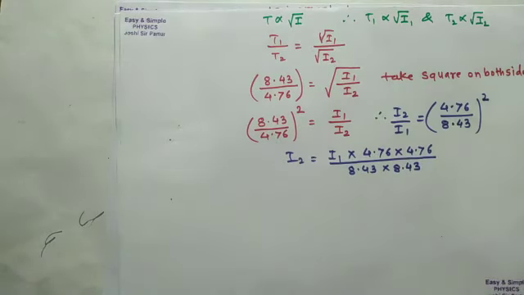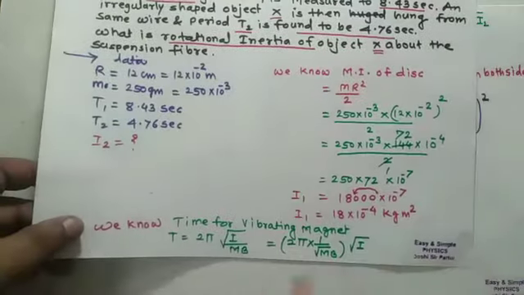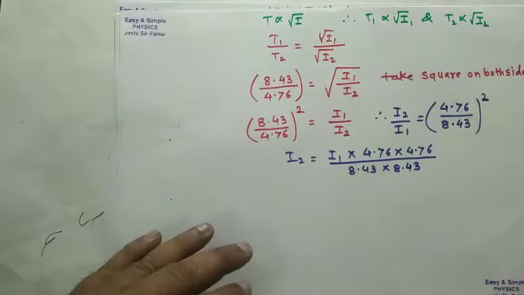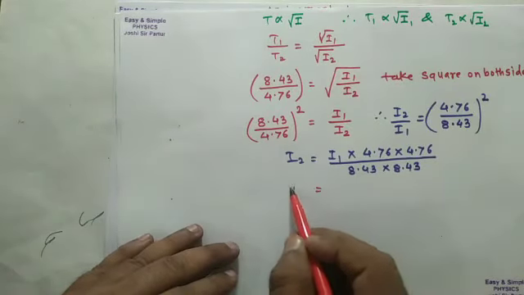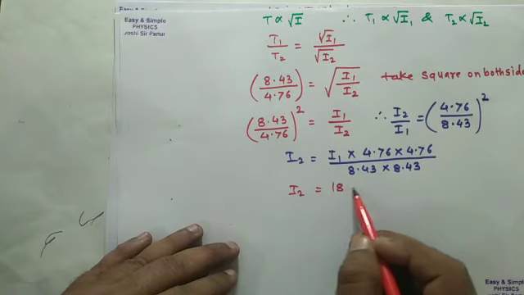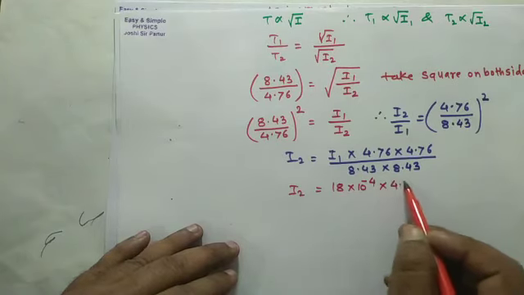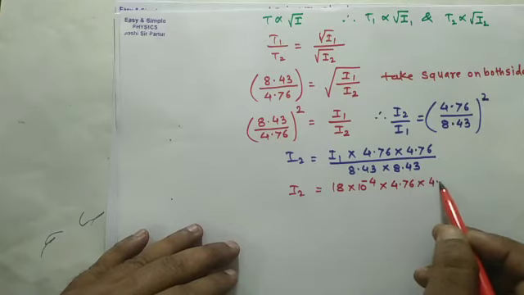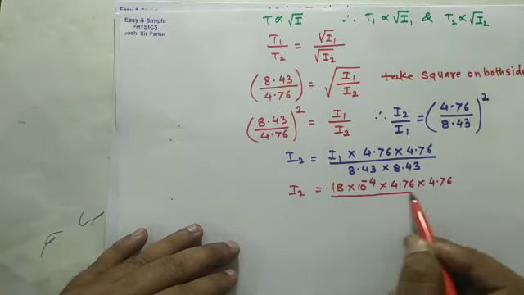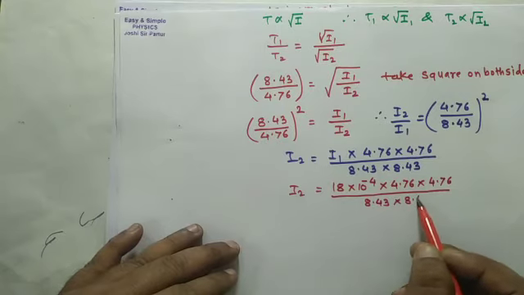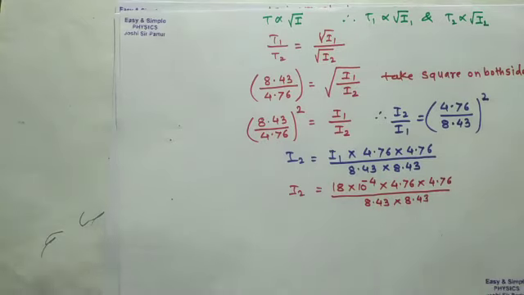If we substitute the value of I1, it will be 18 into 10 to the power minus 4. So I2 is equal to 18 into 10 to the power minus 4 into 4.76 into 4.76 divided by 8.43 into 8.43. Using logarithm.